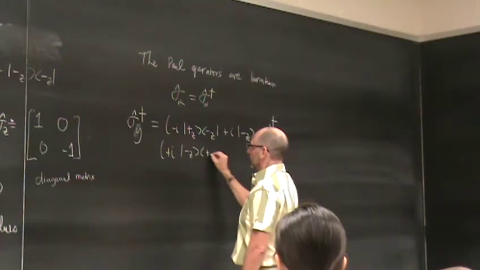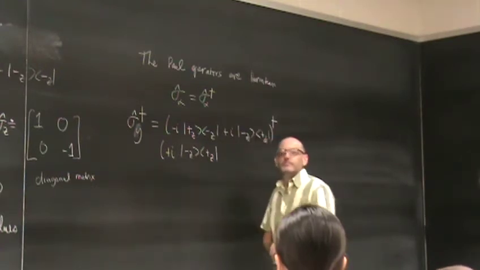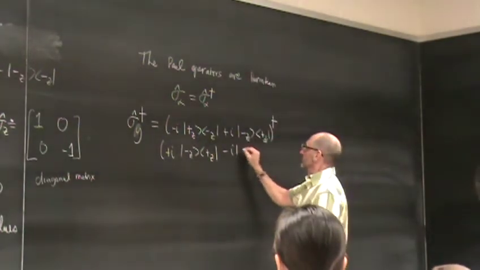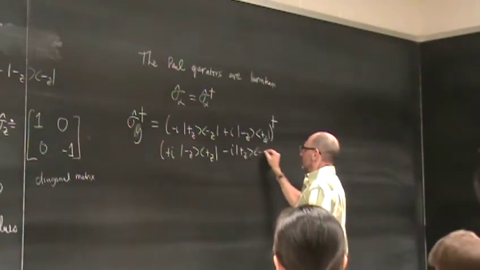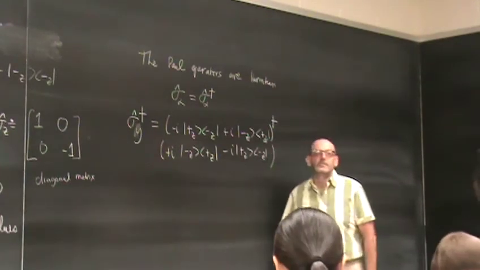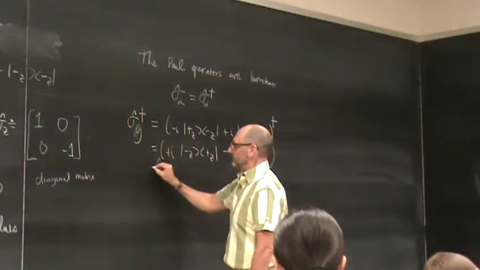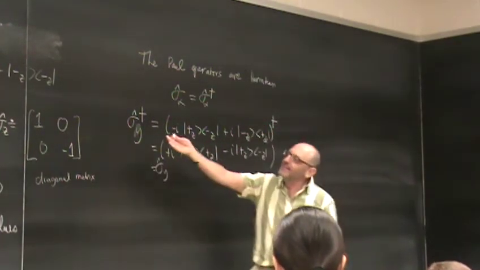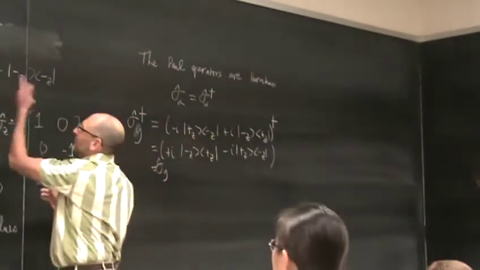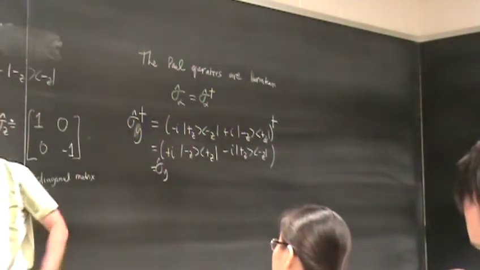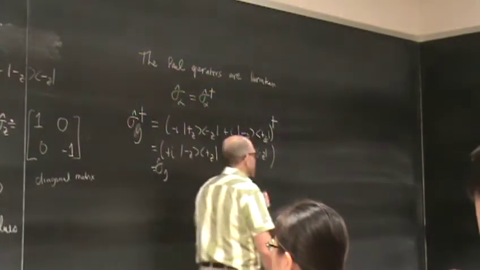That's equivalent to doing the transpose. And that, of course, is the same thing. And then it's obvious. You switch the bras and the kets, and you get back the original. So all of these are Hermitian operators.